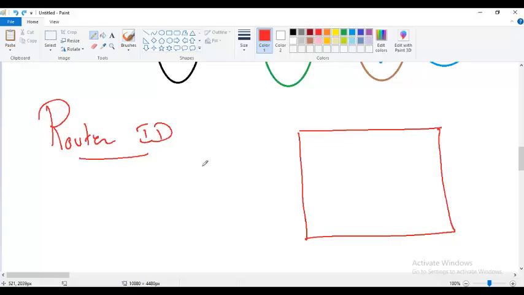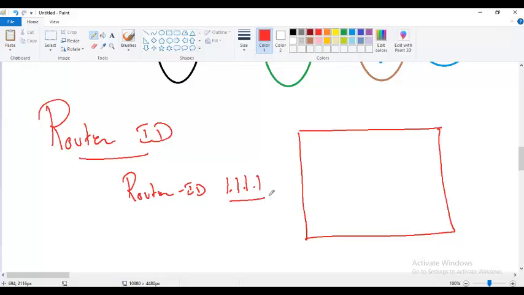So you can assign a router ID by using the command router-id 1.1.1.1. You can give any address as a router ID. Even if this address is not on the router, you can give it. Do you understand? Even if this address is not on that router, you can give it as an ID because it's just a name. It is just an ID.